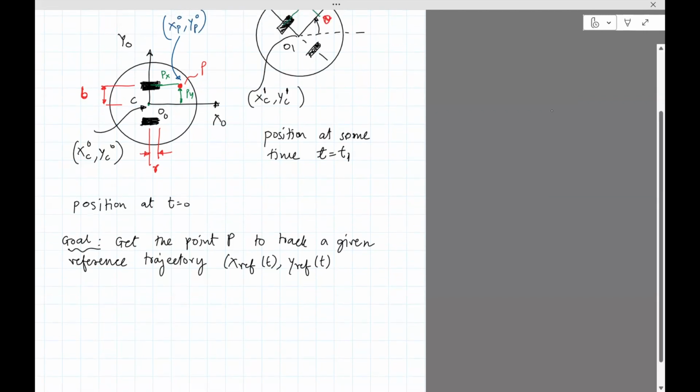From the figure, we can write the position of C0 in frame 0 as R10 times C1. Okay, so that's not new. That's basically saying how C0 is related to C1. We can also write the position of P0 as R10 P1.